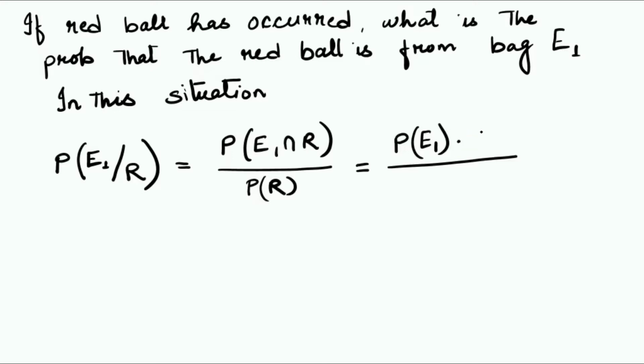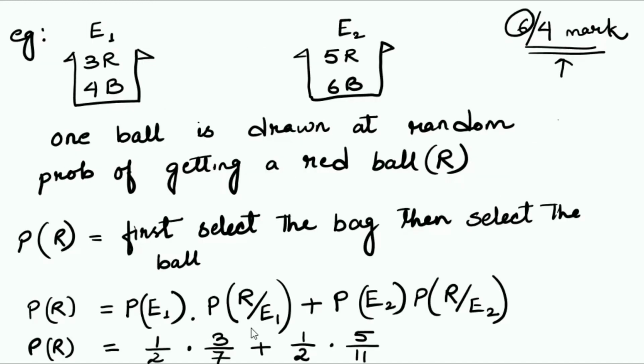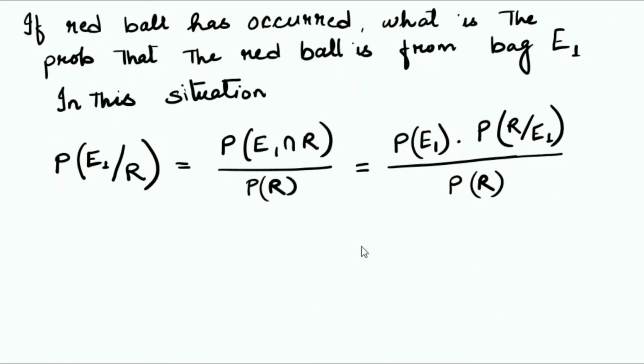So probability of E1 into probability of red from E1, divided by probability of R. This is called the favorable probability for bag E1, and the probability of R we already found here. You can see this is the probability of R in this situation, right? So can I write it like this?